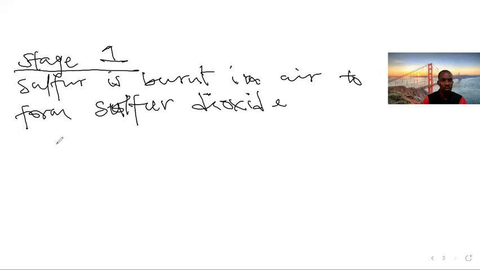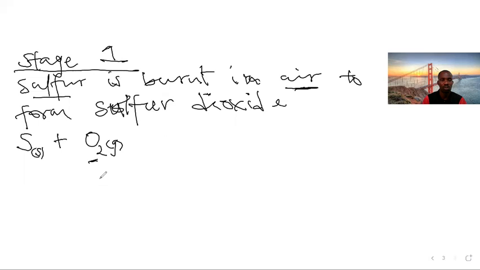You will need to write the equation. We've said sulfur. So you have S, sulfur is solid, plus oxygen. Oxygen is a gas. Please remember, oxygen is coming from air.